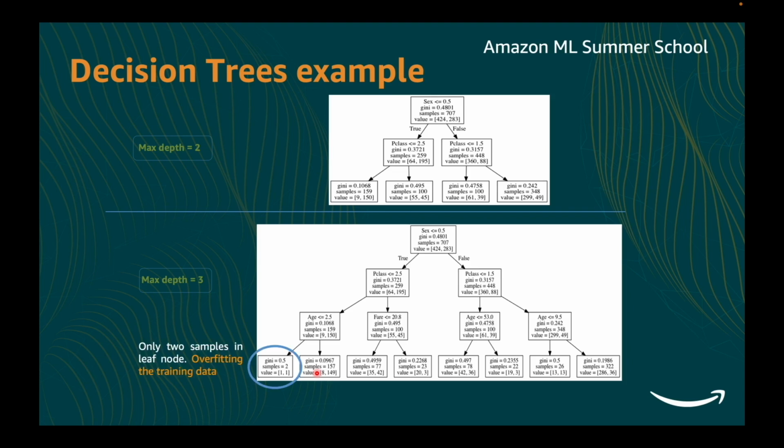Basically, the deeper the tree is, the higher the chance that you have overfitting. That is because as the regions become smaller and smaller, you have fewer and fewer data points in them, and so it becomes very noisy and very high variance. For example, if in this node you have only 2 samples being used to determine whether it is a positive or negative class, that's not enough.